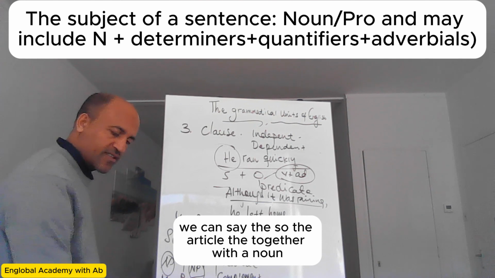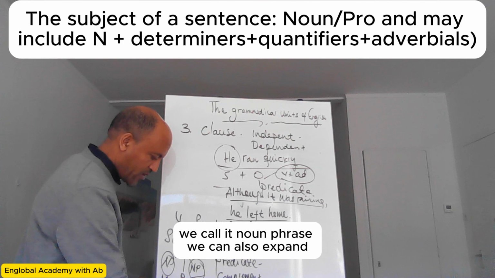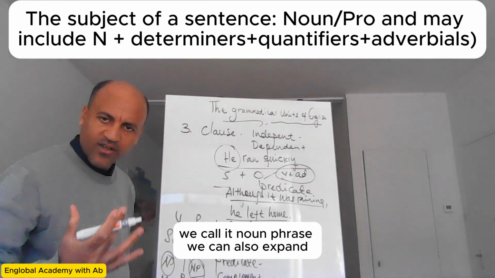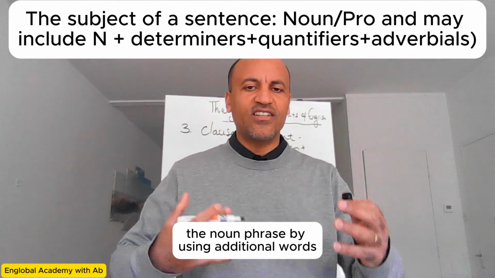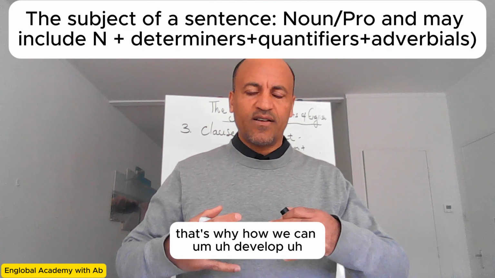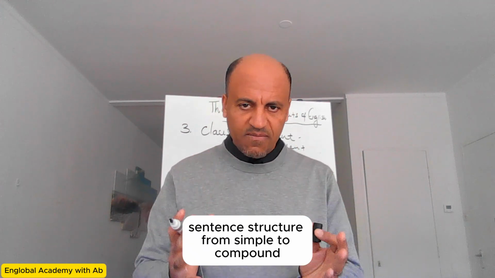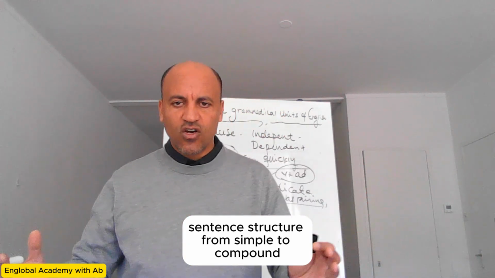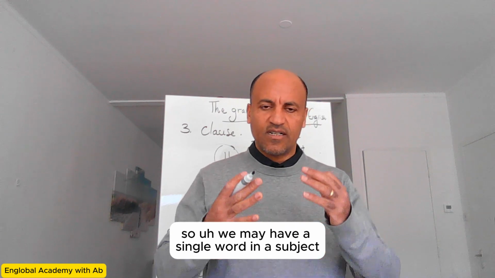So the article together with a noun we call a noun phrase. We can also expand the noun phrase by using additional words. That's how we can develop sentence structure from simple to compound and compound-complex sentences.